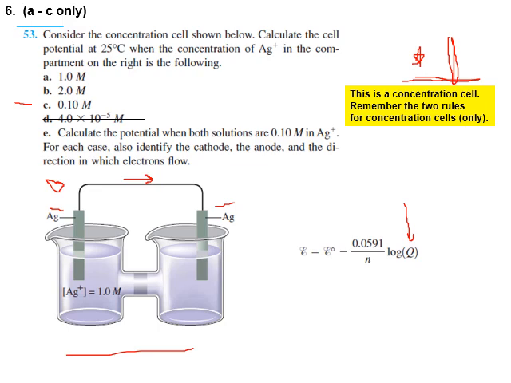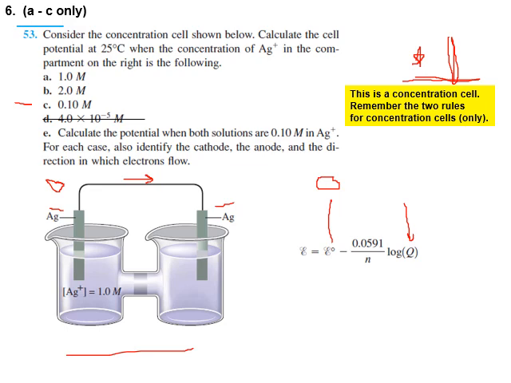The standard cell voltage for any concentration cell will be 0 every time because there's no potential difference between silver and silver, or gold and gold, or copper and copper, or any other metal. So this first part will always be 0. And then Q is going to be product concentration divided by reactant concentration.